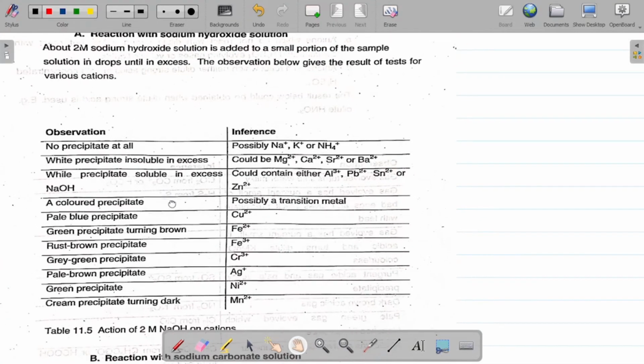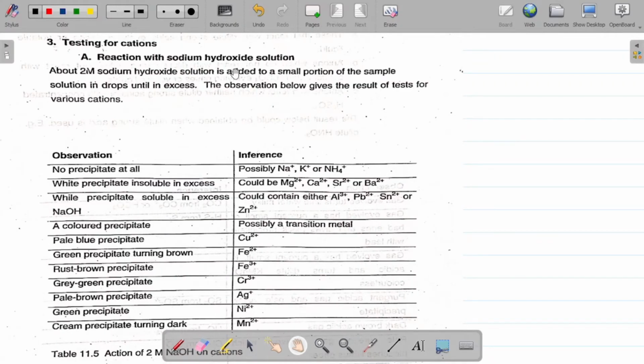When you test using sodium hydroxide, which is what I used since sodium carbonate was not available, it says when a white precipitate which is soluble in excess is formed, it could be aluminum ion, lead ion, tin ion, or zinc ion.